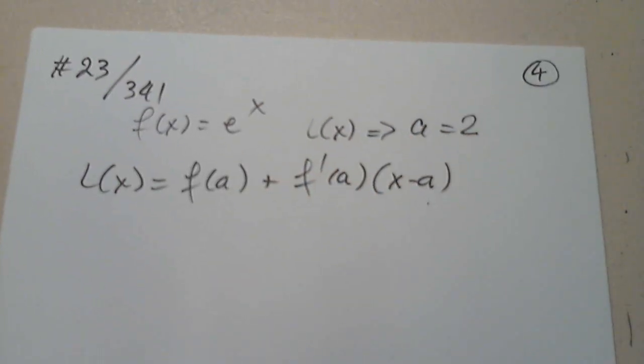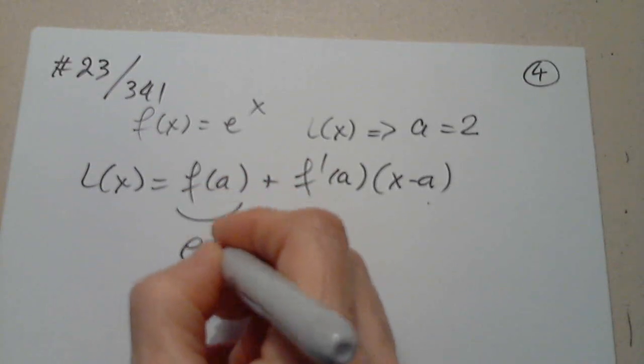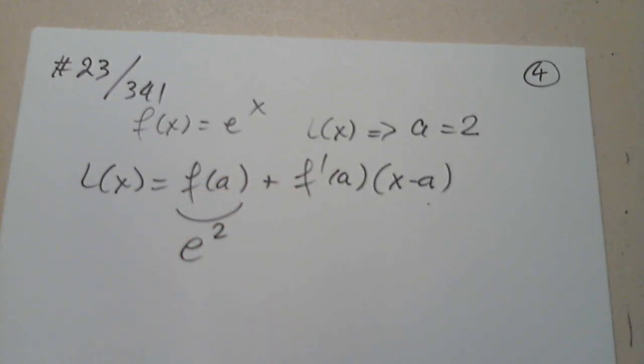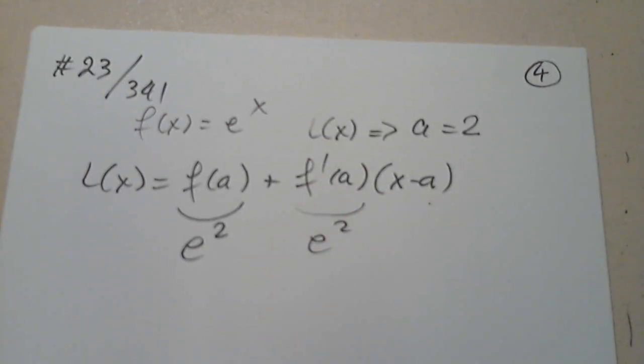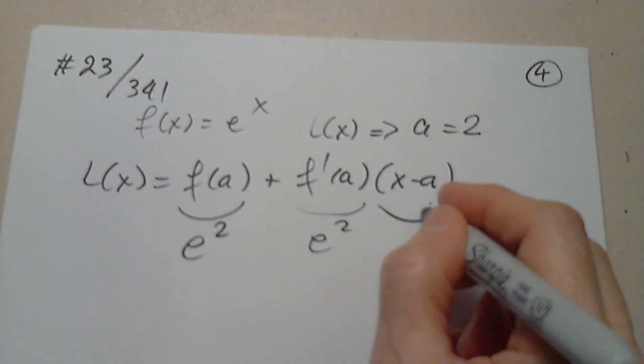All you have to do is plug it in. Find f of a, so this is e squared. Find f prime of a, which happens to still be e squared because e to the x is the same as its derivative, and this is x minus 2.